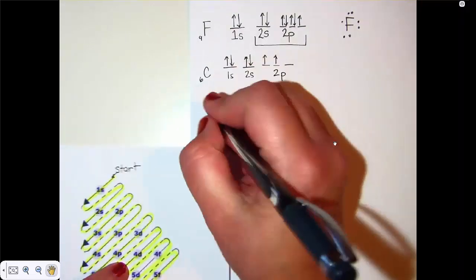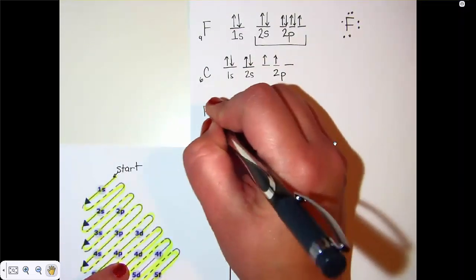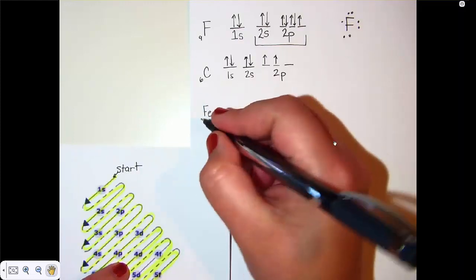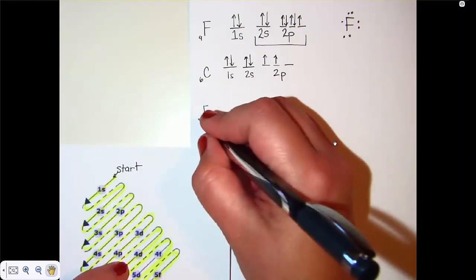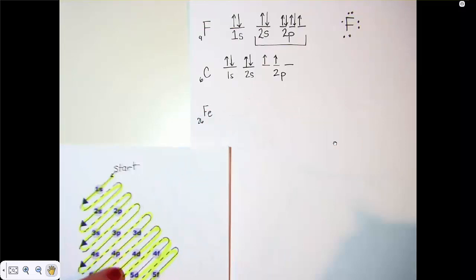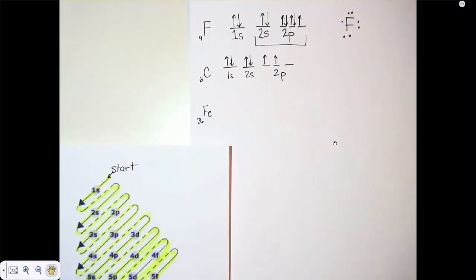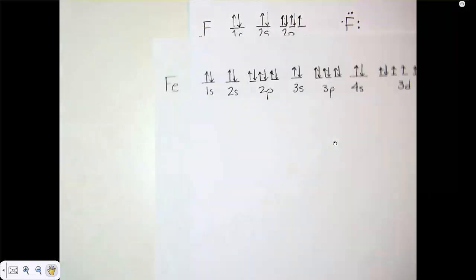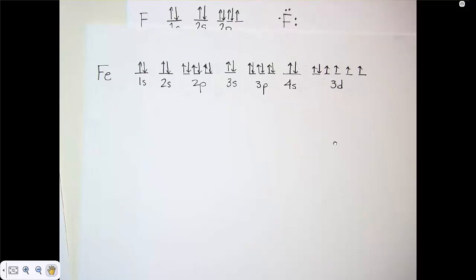Okay, now the next one I want you to try is iron, and iron on the periodic table has 26 electrons. So pause the video, and I want you to check that one. Okay, so this is what you should have for iron.